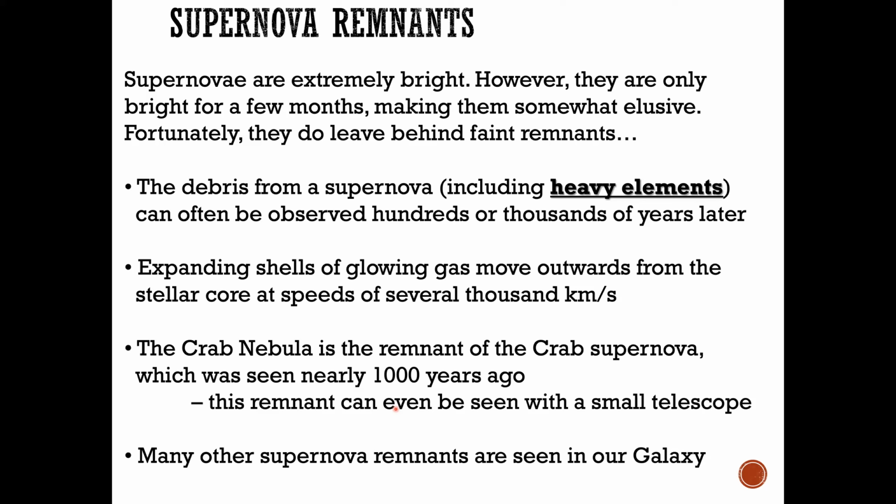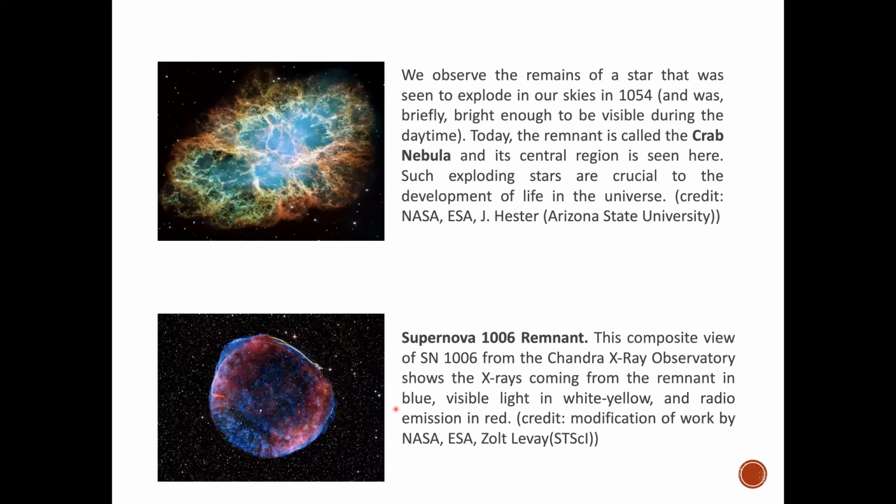You can actually look at this Crab nebula even with a smaller telescope. Here are some examples of images of these types of supernova remnants. You can read about those. And this will conclude this section about high mass stars and supernova explosions.